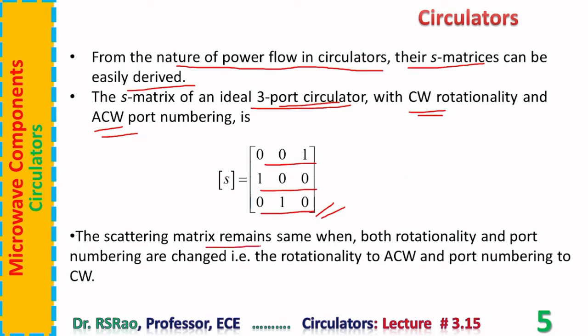The scattering matrix remains the same when both rotationality and port numbering are changed simultaneously, that is, rotationality to anti-clockwise and port numbering to clockwise. The matrix is the same for a device with anti-clockwise rotationality and clockwise numbering.